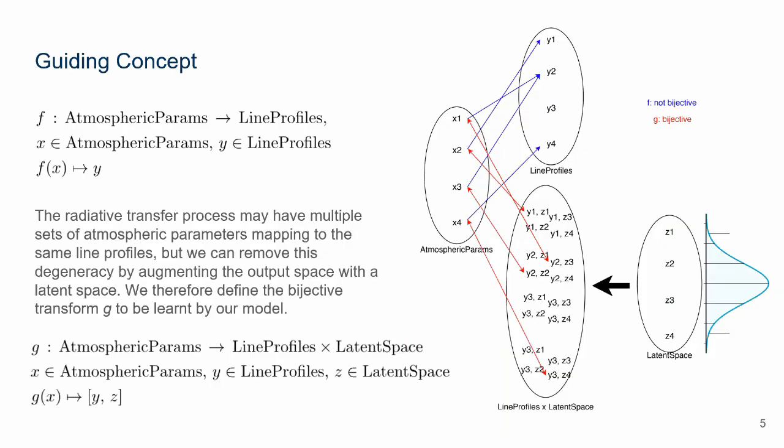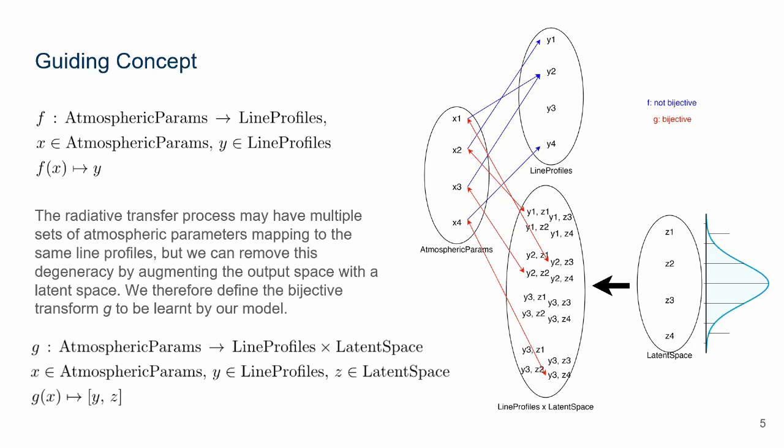So what's the main issue with solving this problem? The biggest issue is that we lose information. The line profiles alone, what we observe, do not capture all of the information that is present in the atmosphere. There is no unique solution from which you can go backwards to recover an atmosphere from what you're observing.